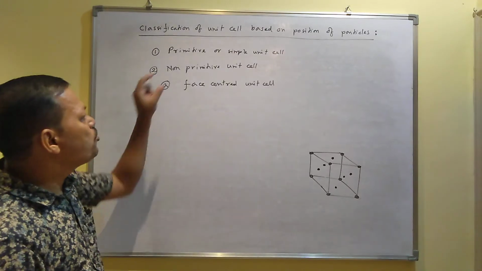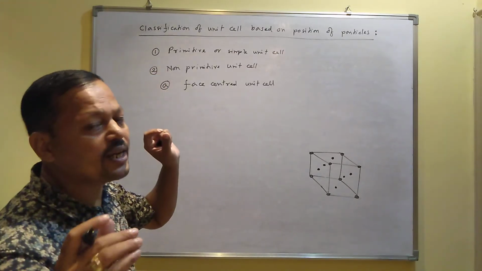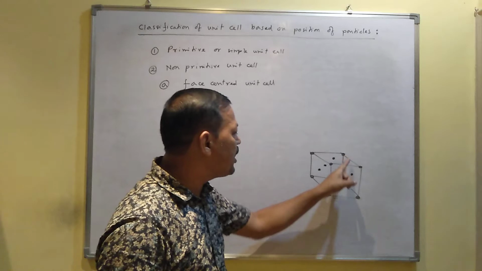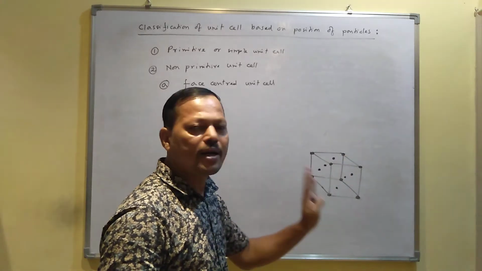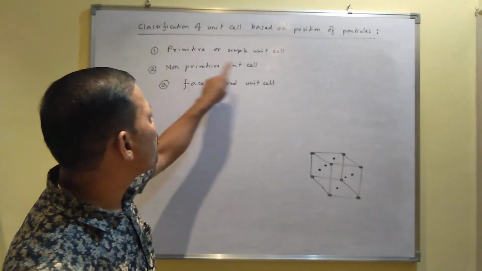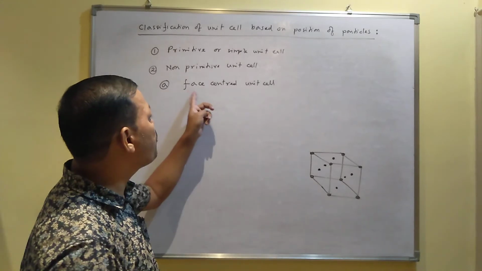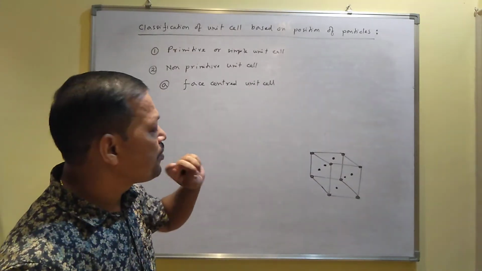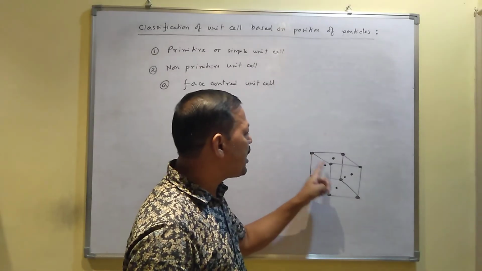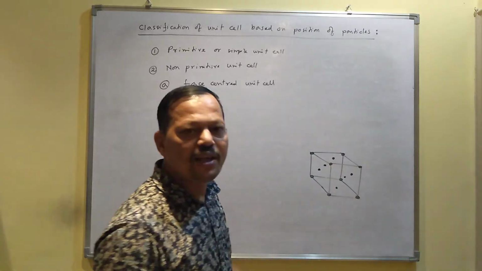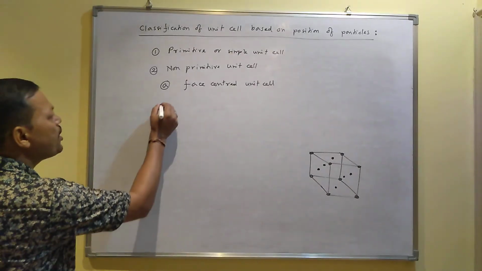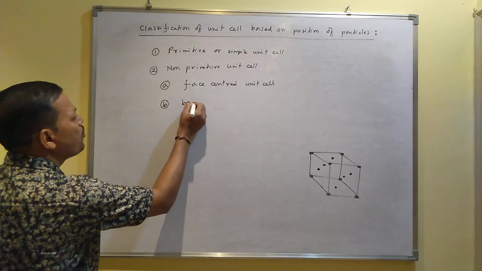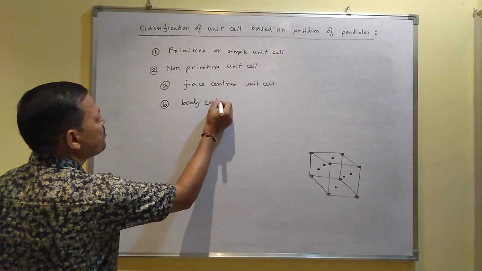So as I have told you, non-primitive unit cell means the unit cell in which the particles are present not only at the corners but also in some other spatial position. One example is face-centered unit cell, in which the particles are present at the corners and at the center of each face. Another non-primitive unit cell is called body-centered unit cell.